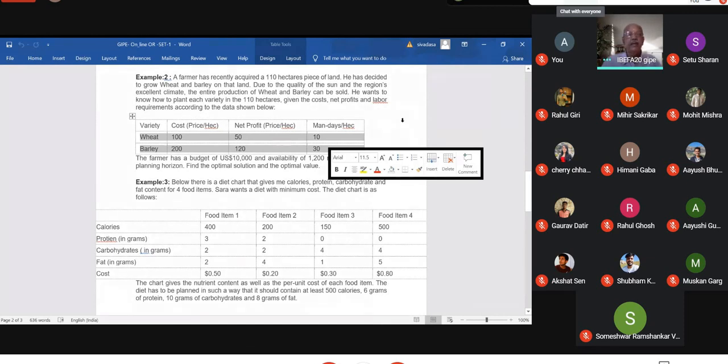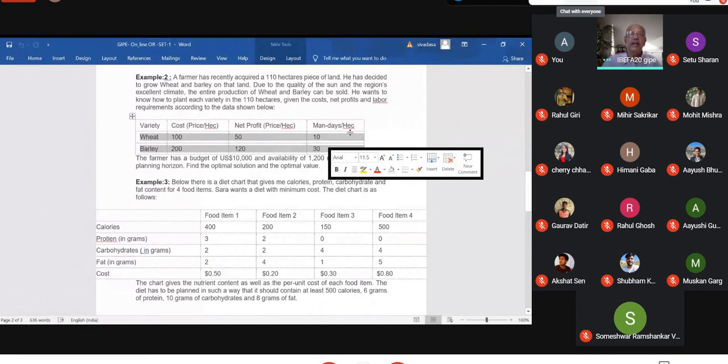Per hectare cost is 100 rupees for wheat, 200 rupees for barley. Profit per hectare is 50 for barley, 120 for wheat.